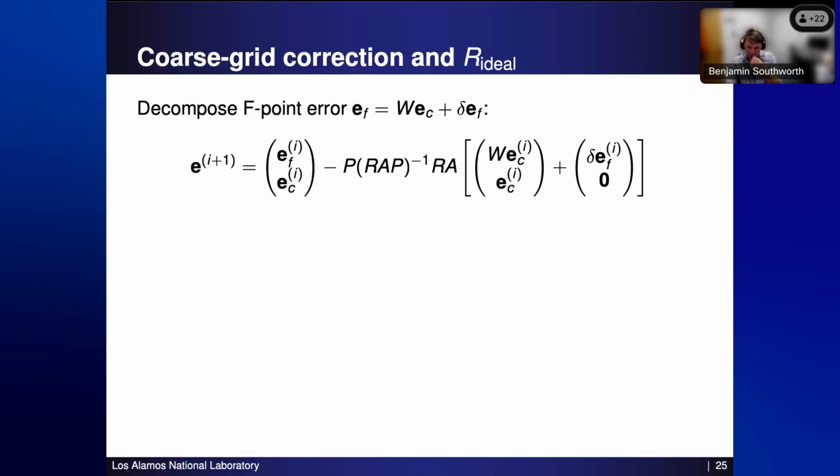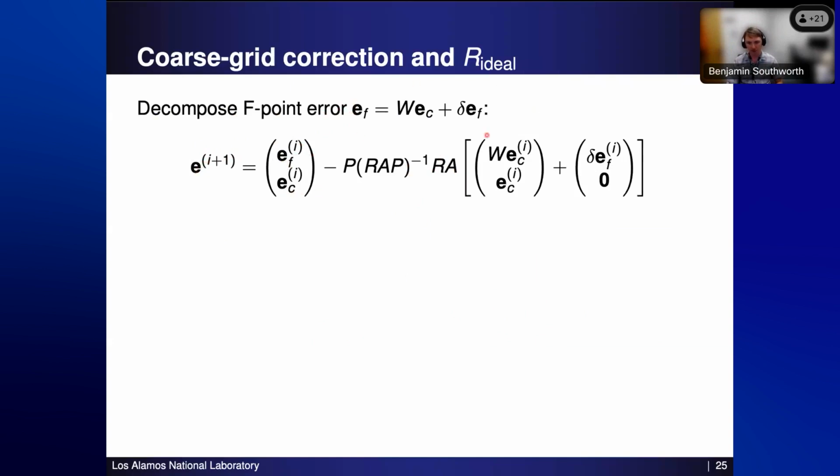To motivate non-symmetric AMG and how we pick our restriction operator, let's look at what happens in coarse grid correction to our error. Our error e at i plus 1 is the projection times e at i. This is capital pi. We split our error into error at F points and error at C points.